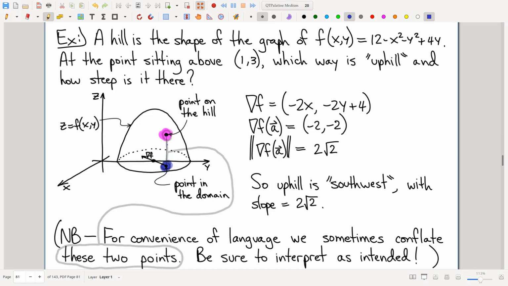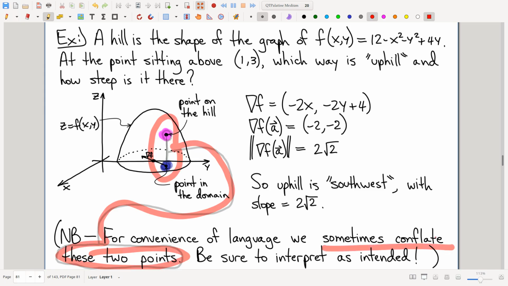And it's sort of understood that, of course, given the X and the Y, you figure out the Z. That's kind of given. So it's a sloppy point, but very often these 2 points are conflated.